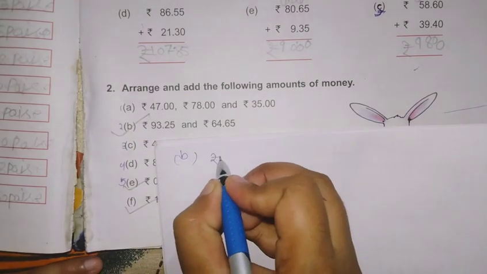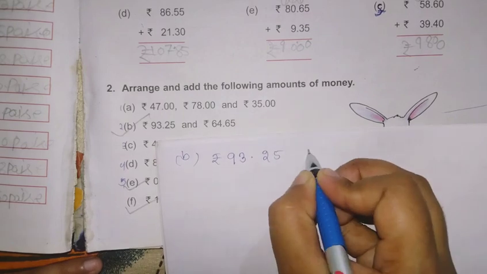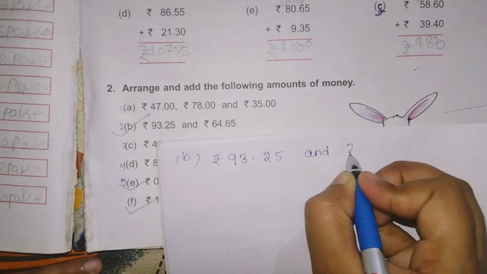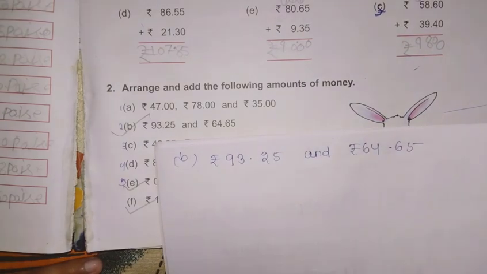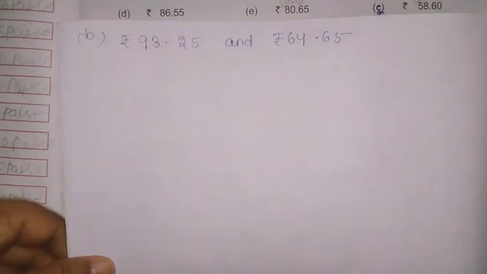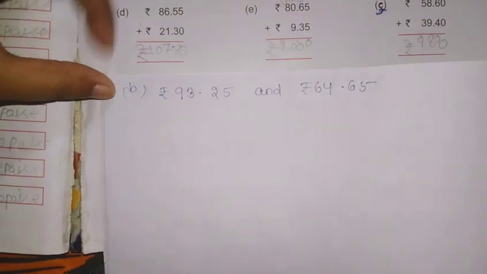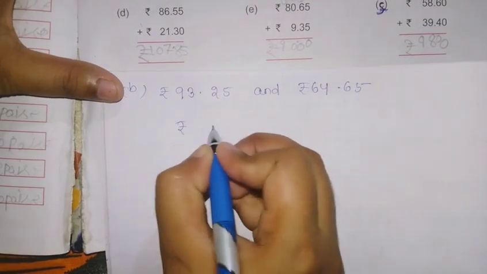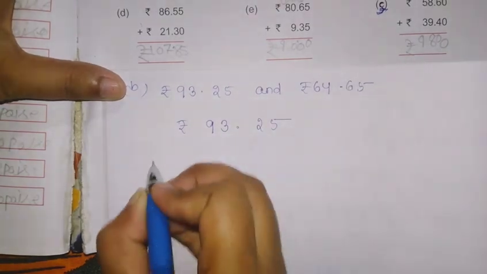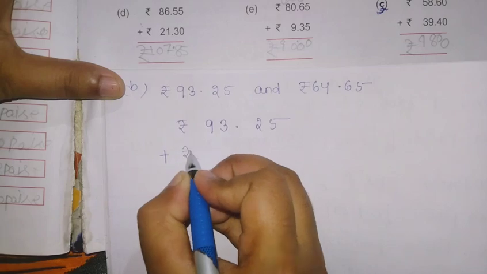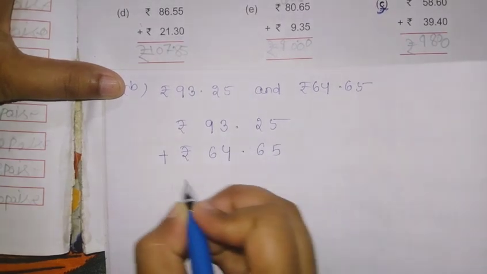93 rupees 25 paise and 64 rupees 65 paise. First we arrange rupees to rupees and paise to paise. So 93 rupees 25 paise plus 64 rupees 65 paise.